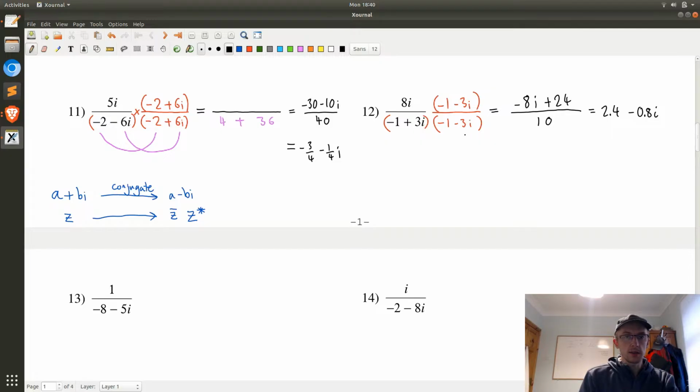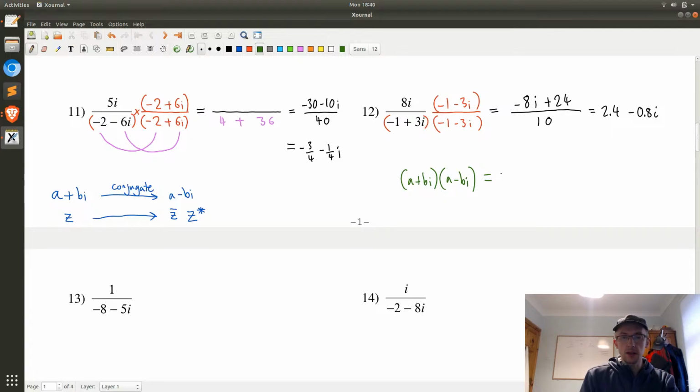Did you notice the size of the conjugate? Here we have 40, here we have 10. Interesting. Well, the size of the product of a complex number and its conjugate. Let's see why that is. Let's generalize. So we're going to do a add bi multiplied by a take bi.